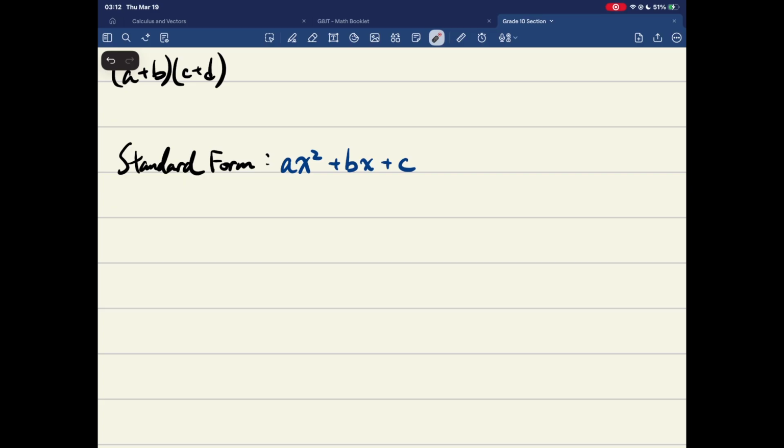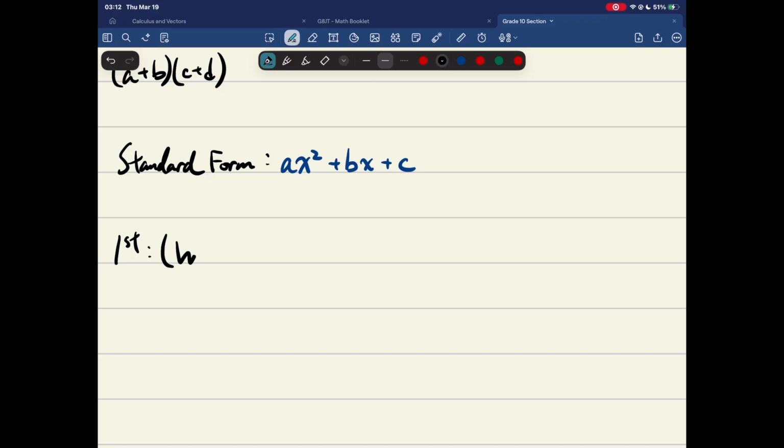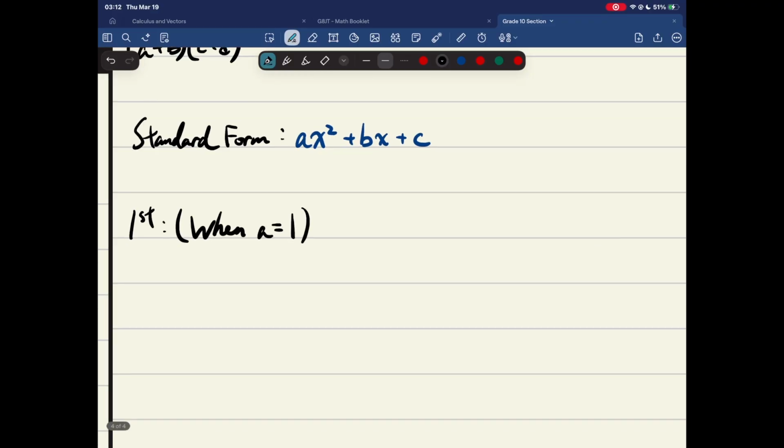The first simple trinomial is when a is equal to 1.